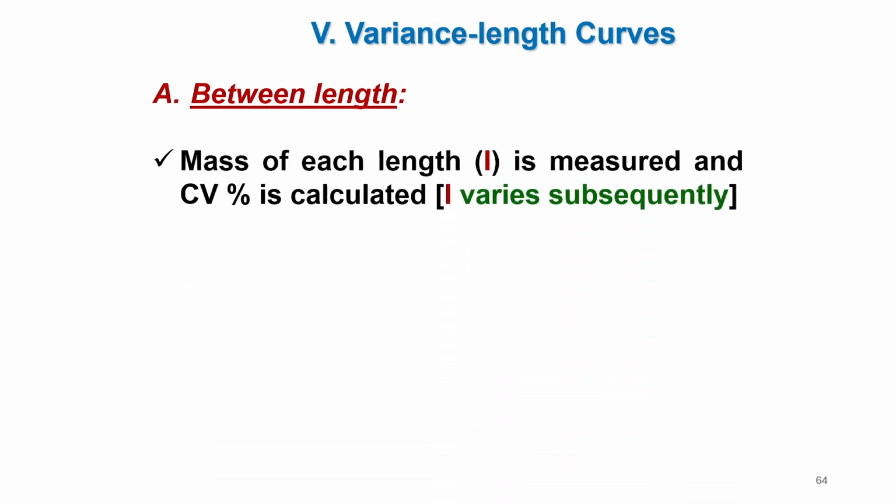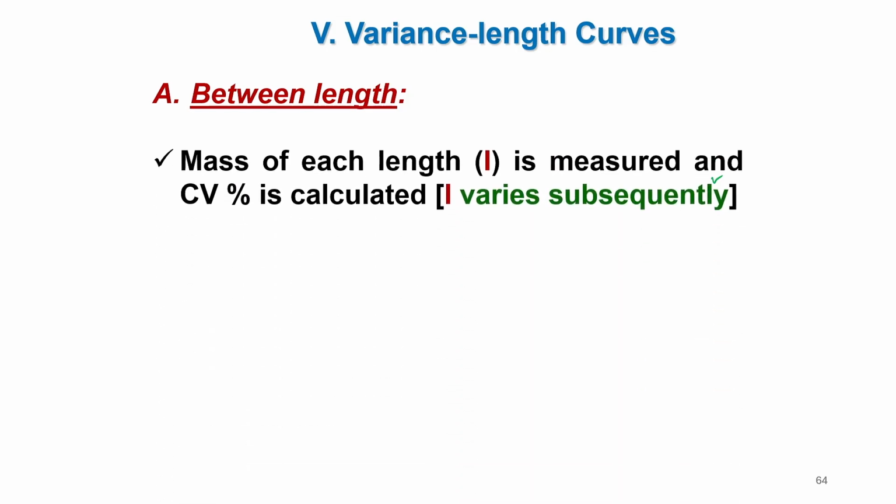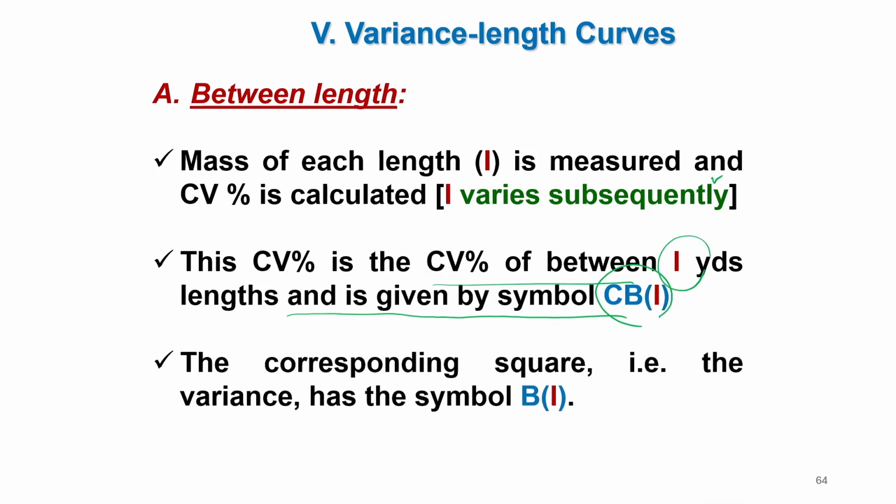Between length, the mass of each length L is measured and CV percent is calculated. L varies, subsequently we change the L, and the CV percent between the L length is given by the symbol CVBL, or in short BL.